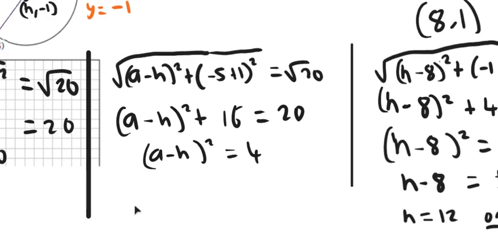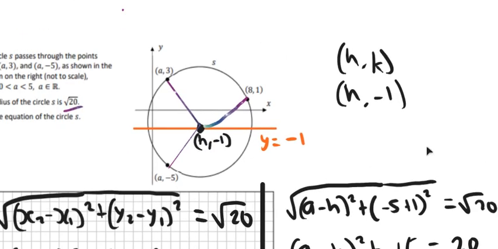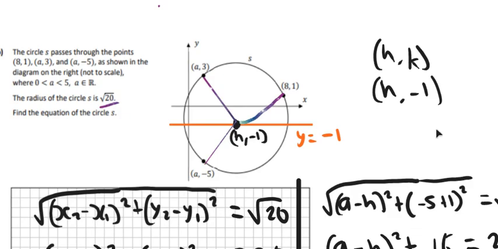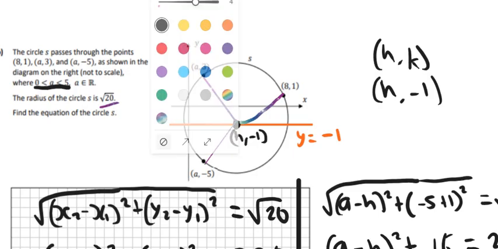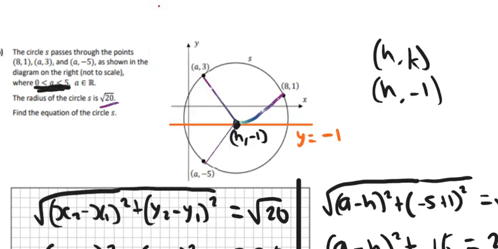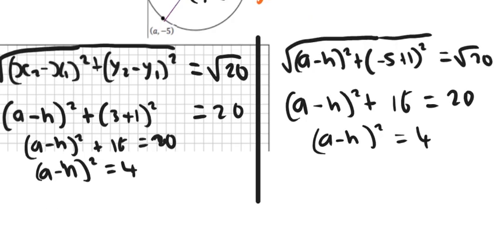So I'm going to go back and look at the question. What you should see in the question is that they tell you that a is in between 0 and 5. So you can see it there, I have it underlined. So if a is in between 0 and 5, let's see which of these will not work.